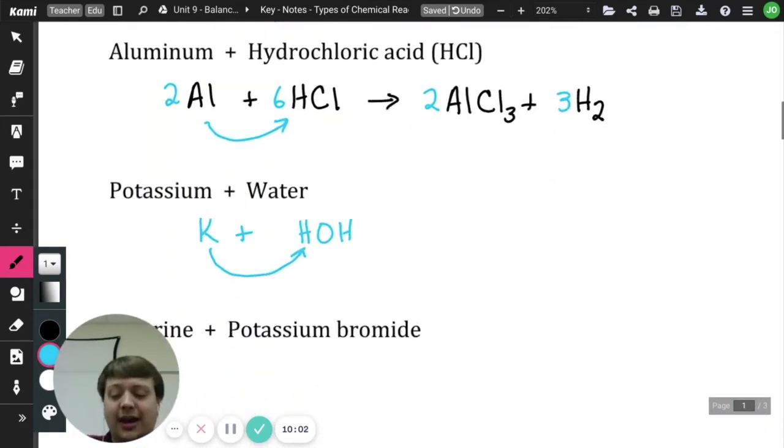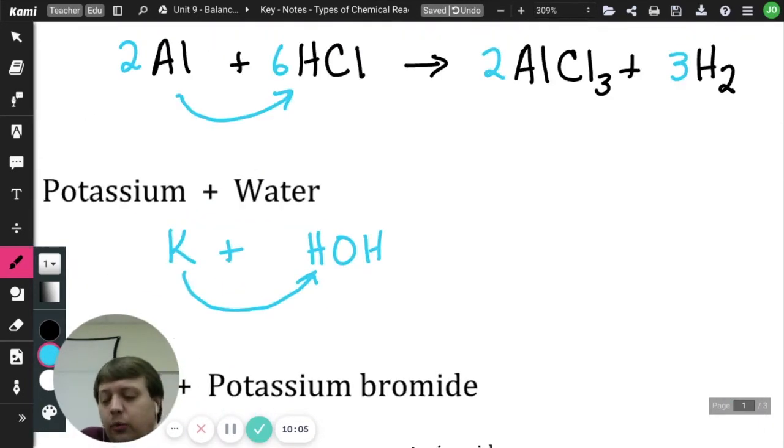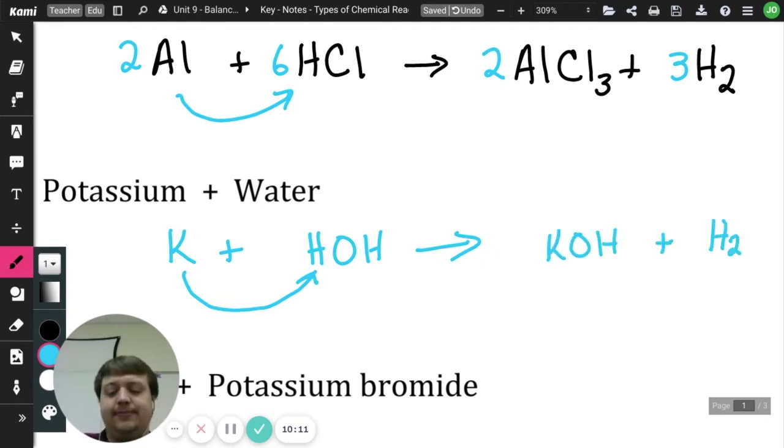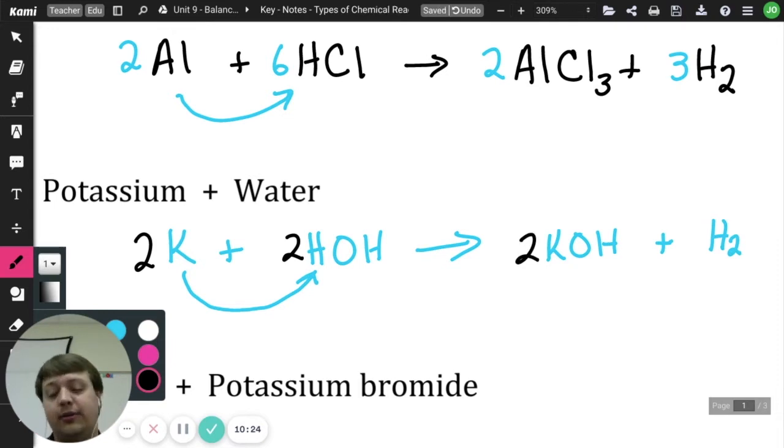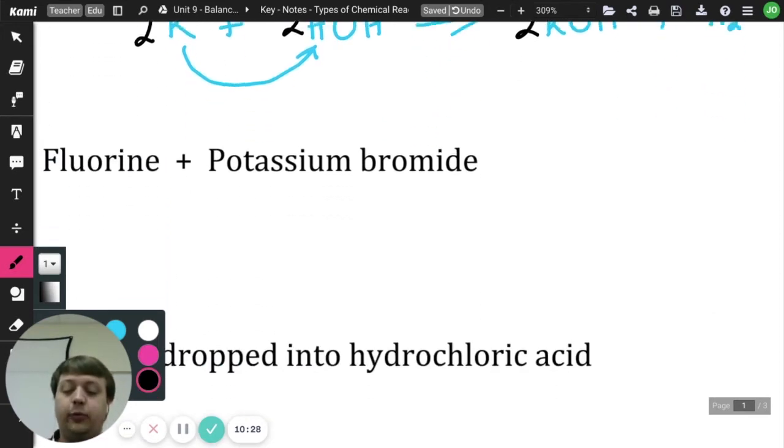So since it is high enough to replace hydrogen in water, we will get potassium hydroxide and hydrogen gas. I would need to go back in and balance, which would require a 2 here, a 2 here, and a 2 right there. And so that would then be my final formula.